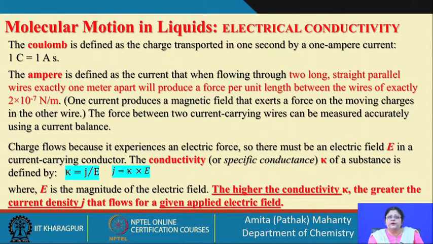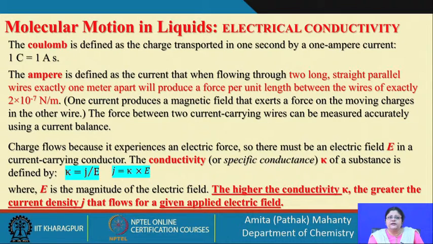Charge flows because it experiences an electrical force. So, there must be an electrical field associated whenever you have a current carrying conductor, right. So, we need to have a conductor that must have an electrical field associated with it to have the current flow or the charge flow.